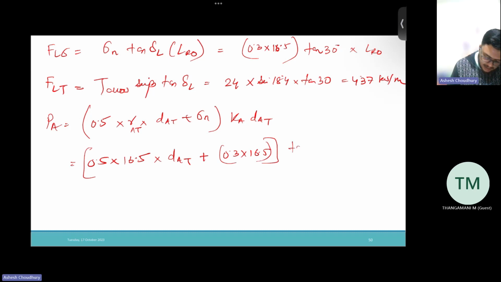Ka, what is Ka? tan squared of 45 minus phi by 2. We do this, it will come out as 2.